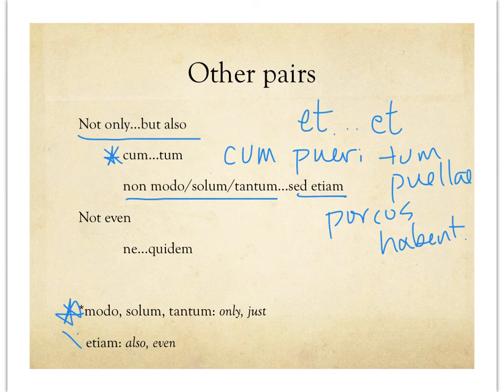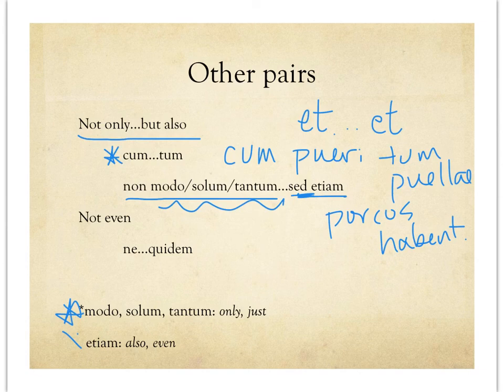So we could say non modo pueri or non tantum pueri. And then our but also starts with the word but, sed, and etiam, which can mean also or even. So sed etiam puellae porcos habent. So this is just another formula. You can see the word here can vary because all of these can mean only.